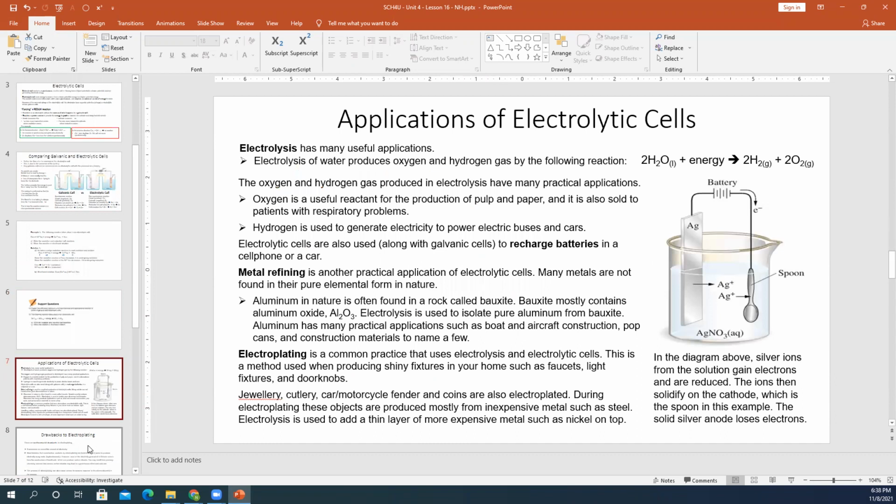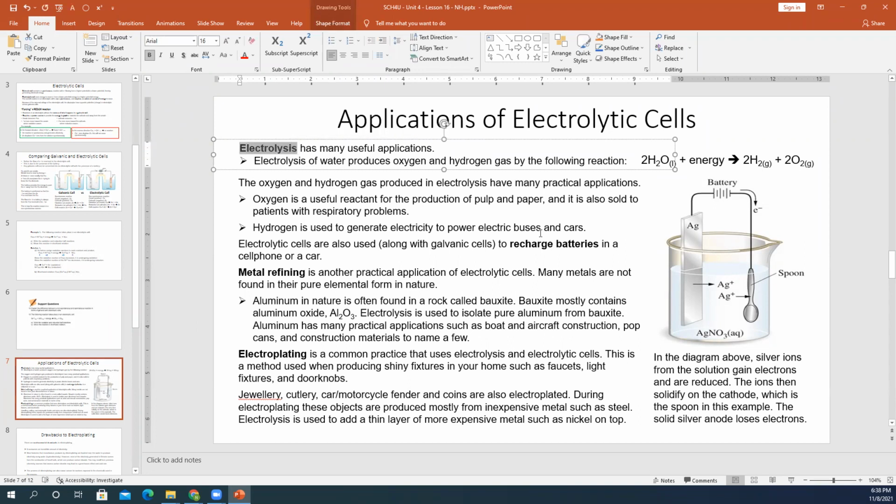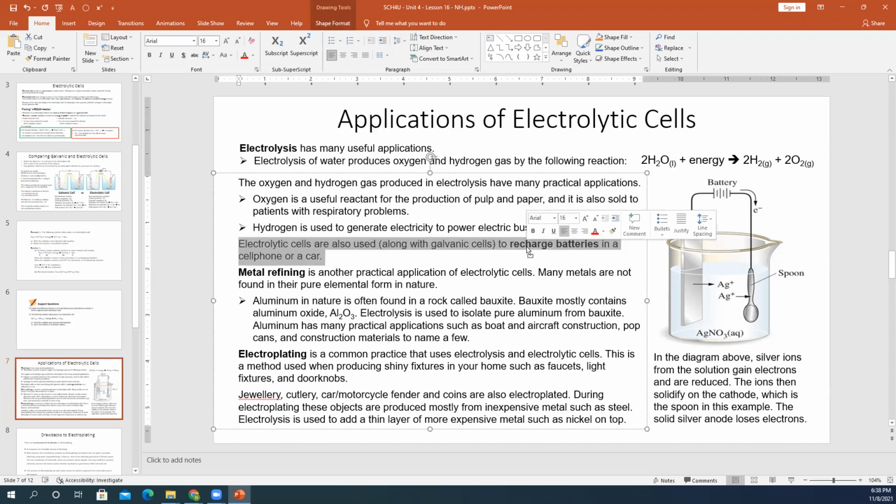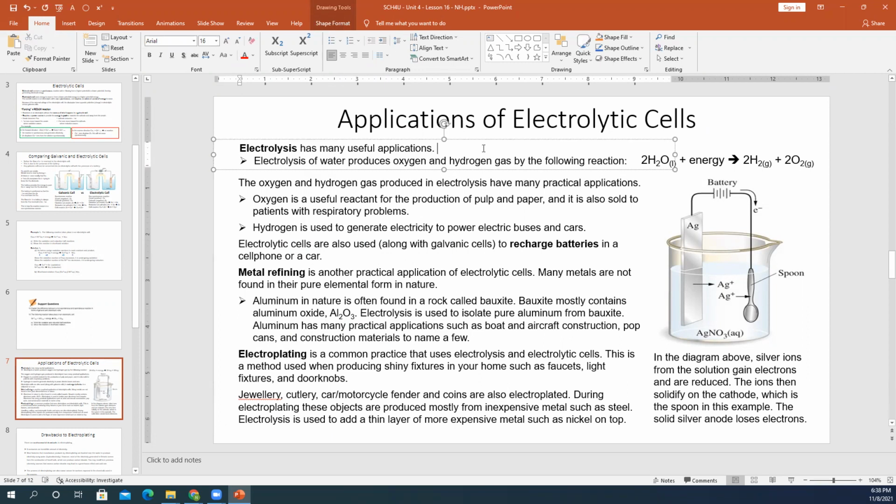Now let's talk about some of the applications of these electrolytic cells. Electrolytic cells have applications in, for example, electrolysis, recharging batteries, refining metals, and electroplating. These are just some examples. So electrolysis has many useful applications. Electrolysis of water.